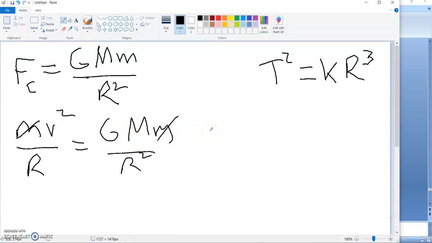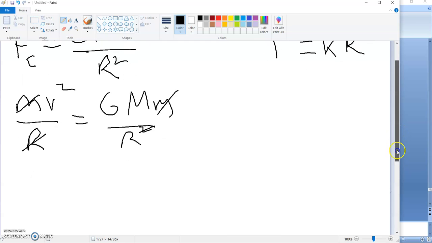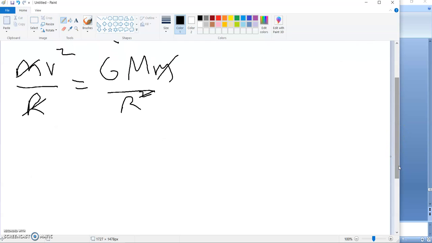So, notice also one of those radius values will cancel out, giving us v squared equals G M over r.